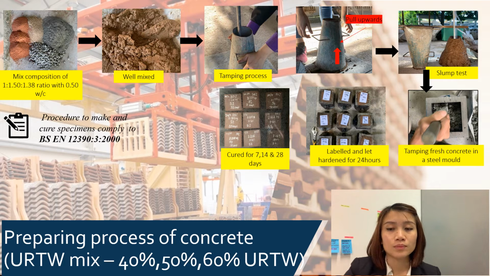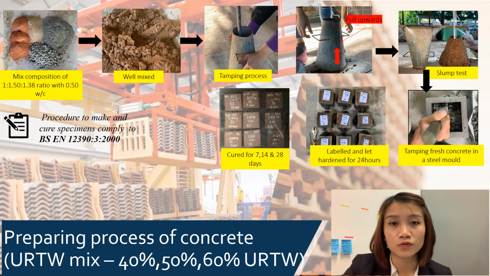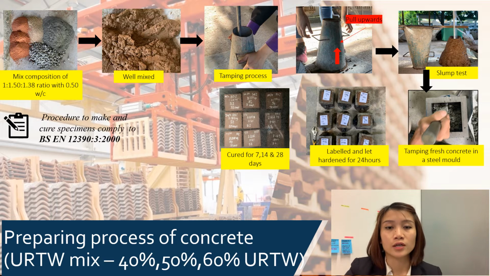The slump test is the most important procedure during the mixing, because it measures the workability of the fresh concrete before it hardens. Workability of the fresh concrete here means how easy the fresh concrete is to handle.